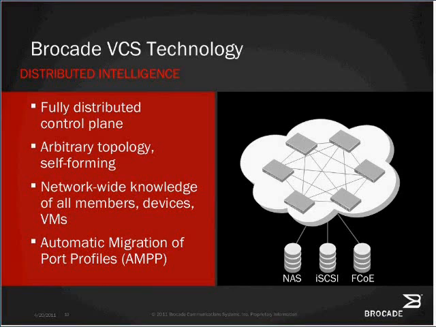The other important feature about the distributed intelligence is the network-wide knowledge of all the members, devices, and virtual machines inside of the fabric itself. So in this case, we have a virtual machine with its configuration information, its port profile information associated to it, and you see here on the screen the configuration information linked to the virtual machine.